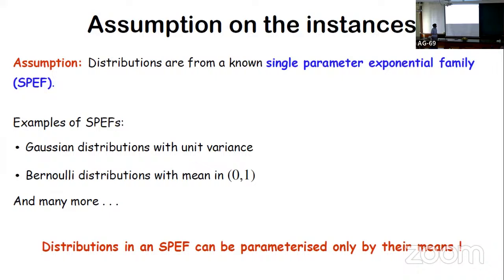You can see both these classes can be parameterized only using their mean, and this is also true for any SPF. Distributions in an SPF can be parameterized only by their means, and we will use the mean of the distributions to denote the distributions themselves.